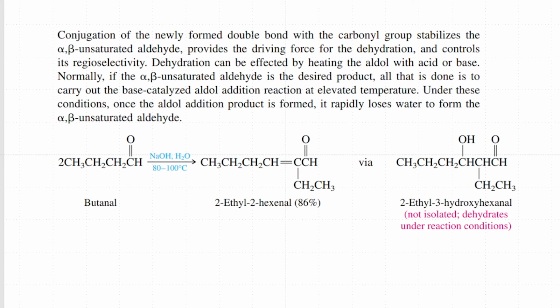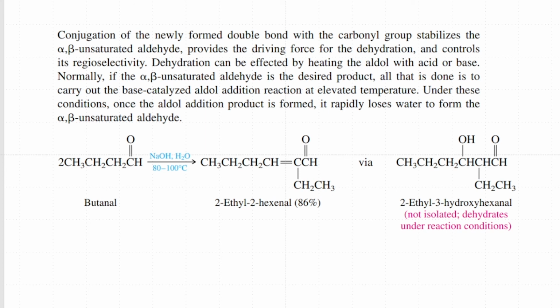It is about 86%. So if you want to make the actual aldol product, it is a little difficult, because the stability that is achieved by conversion of the alcohol to the olefin is fairly good, and it is in a positive direction.